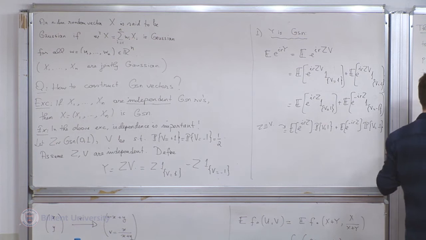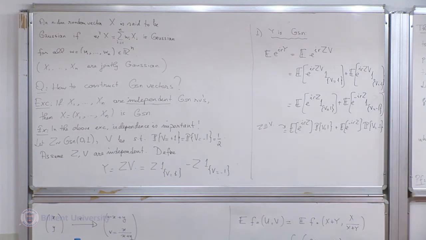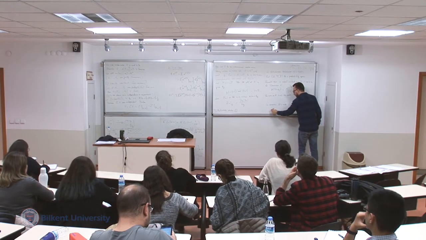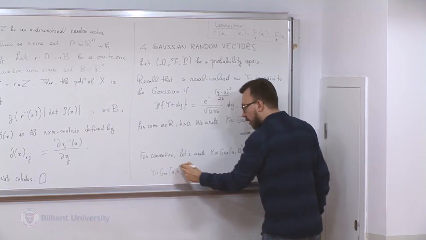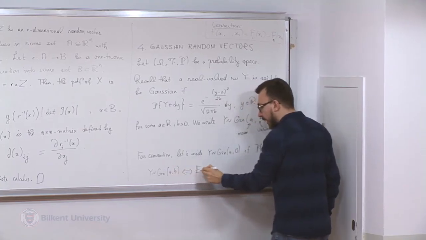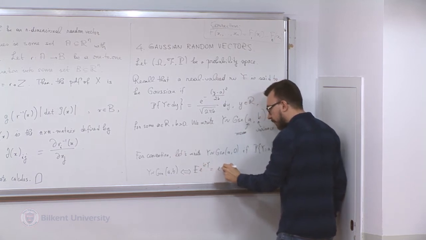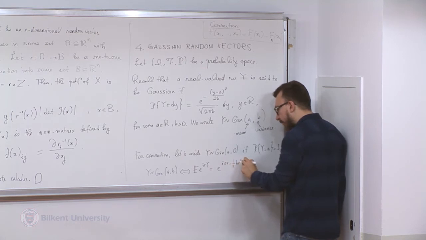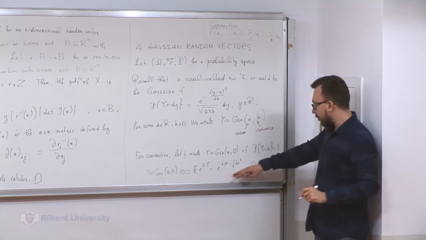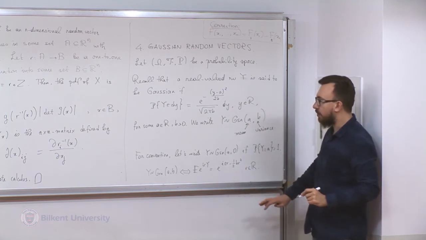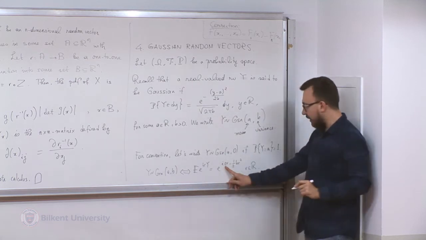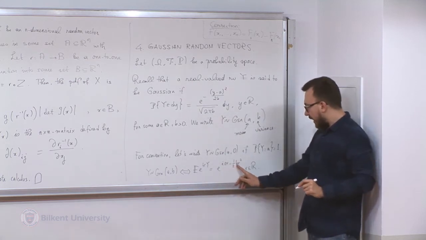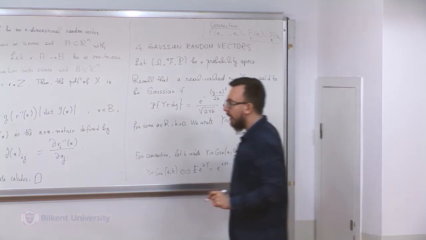So now if you remember the characteristic function of Gaussian random variables, it is e^{iar minus 1/2 b r squared}, right? There was a formula somewhere. So this is the formula for the characteristic function of a Gaussian random variable. So if my mean is 0 and variance is 1, I have negative 1/2 r squared.